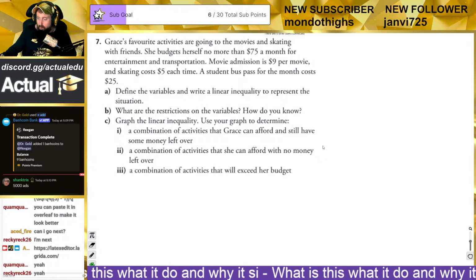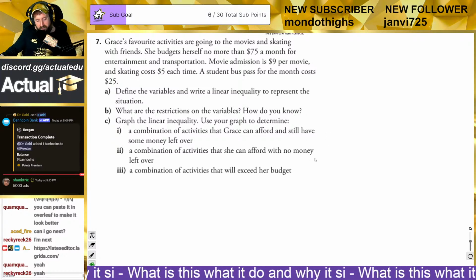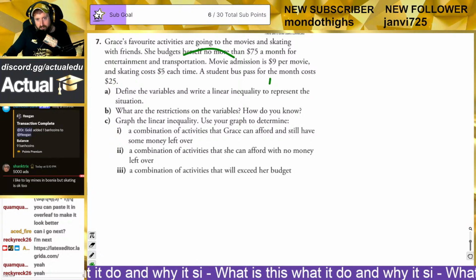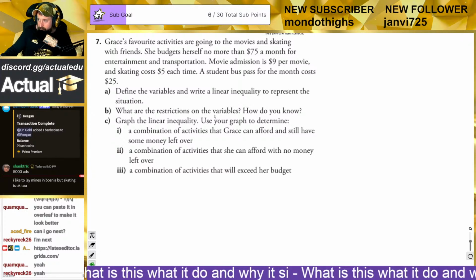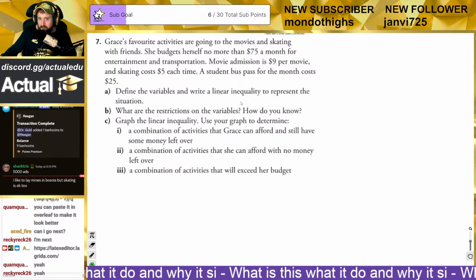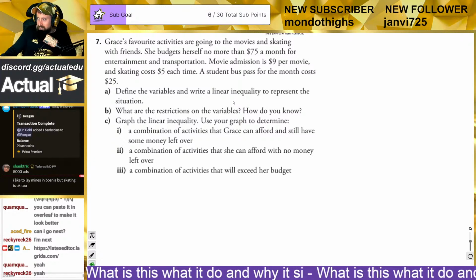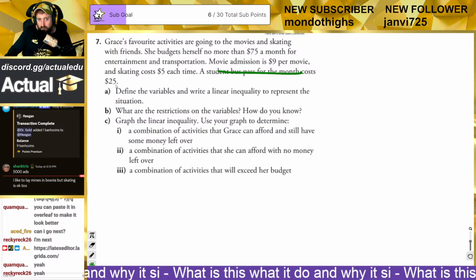This is cool, because it's like taking word problems and converting them into math expressions. A lot of you ask me why I learn math. It's because things in the real world can be converted into equations. In this case, Grace is trying to make sure she doesn't go into debt, so she has to use math to figure out how many times she can go watch movies and go skating.